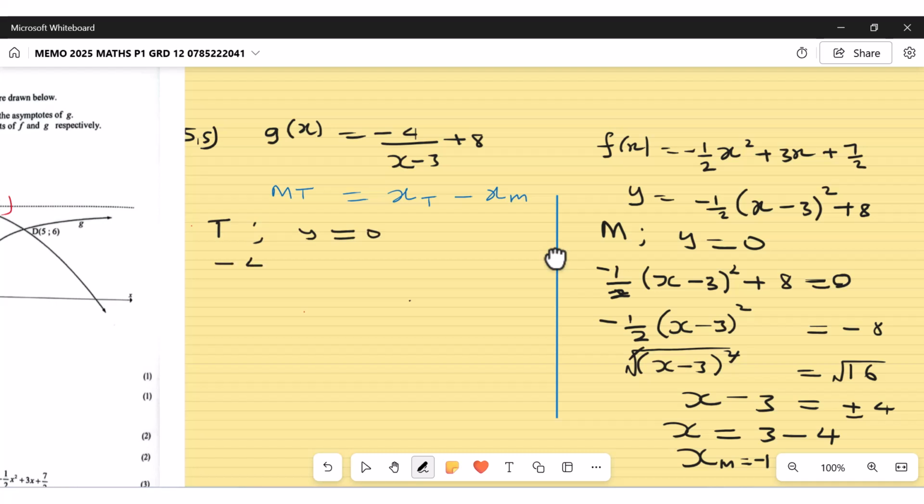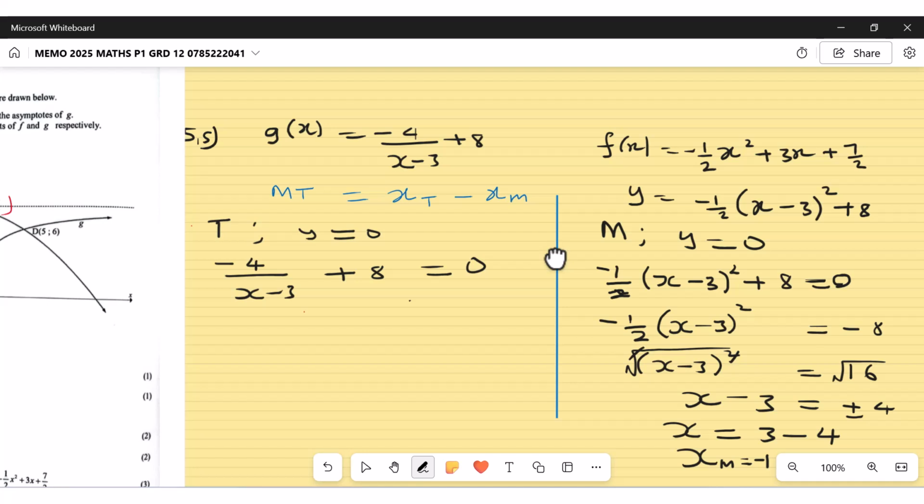So now I can say that the 8 becomes negative this side, or I can say that 8 is equal to 4 divided by x minus 3. Remember that the 4 was negative that side, now becomes positive.